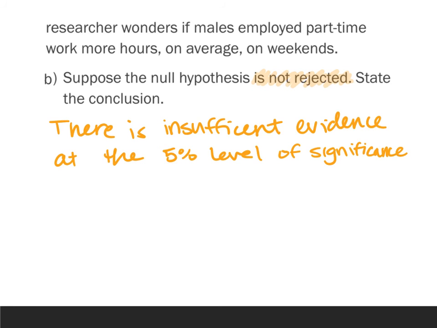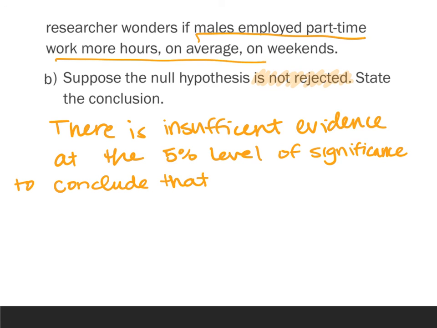In this case, we're assuming it's 5%. And then our hope or our context is still the same. So this time we have insufficient evidence to conclude that same thing.